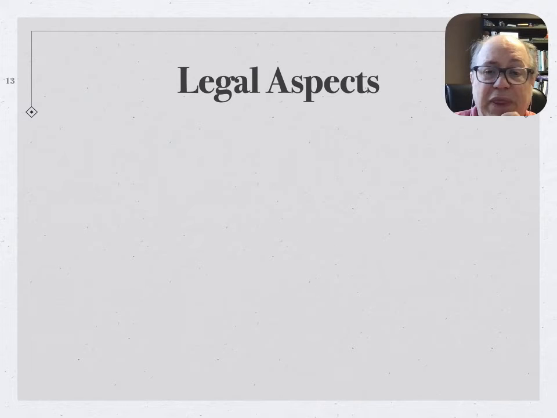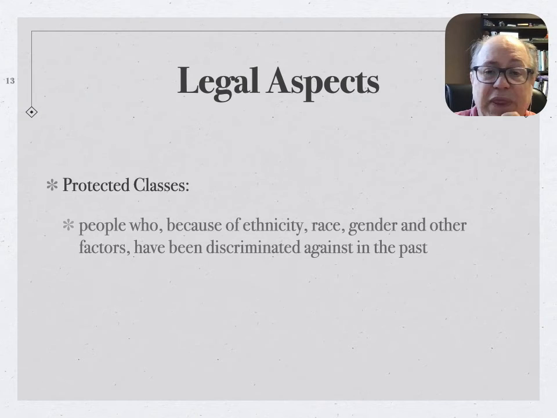There's also legal aspects to our hiring process. There are what's referred to as protected classes of individuals that are going to be involved in our hiring process. These are people who, because of ethnicity, race, gender, and other factors, have historically been discriminated against. That is, there is a history and often still an overt or sometimes not obvious continuing of discrimination.